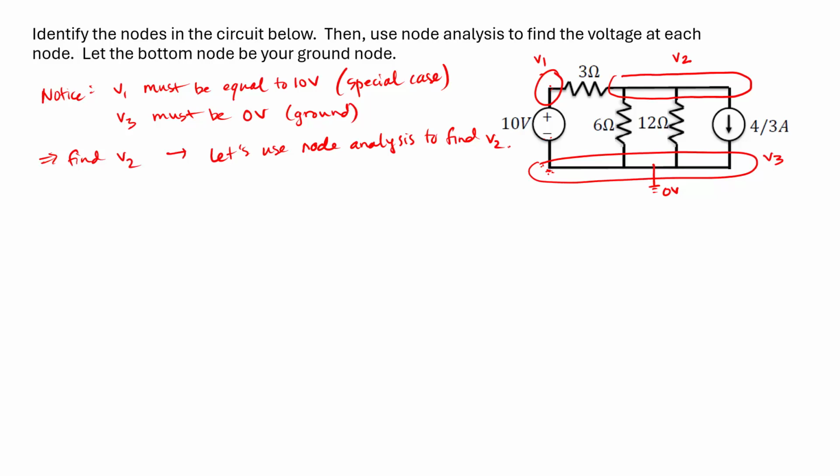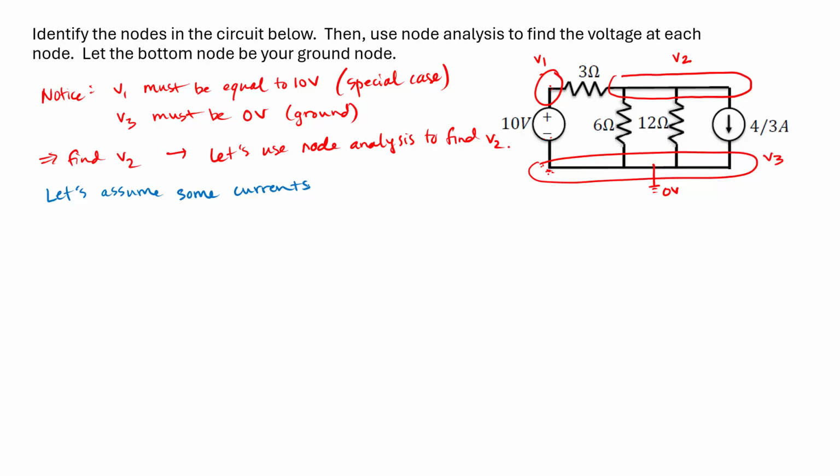All right, so our first step was identifying nodes. That's done. Our next step is to apply Kirchhoff's current law. So let's go ahead and assume some currents. Notice that our currents were not given to us here, so we're just going to go ahead and draw arrows and assume some current directions.